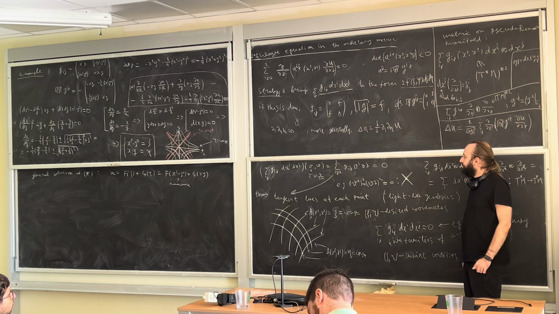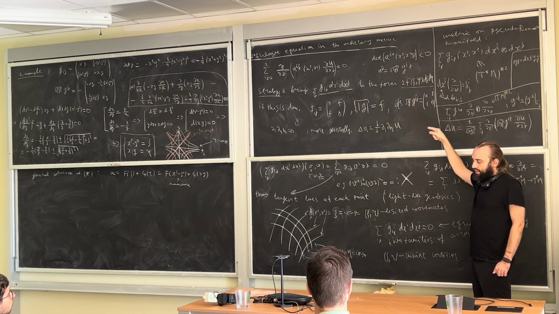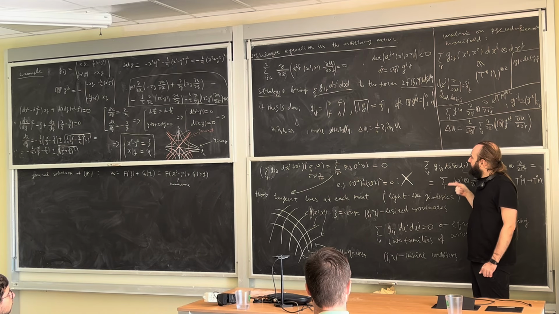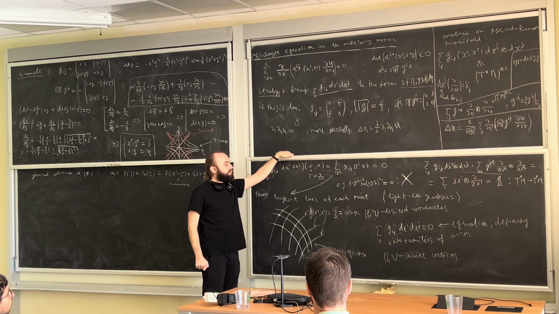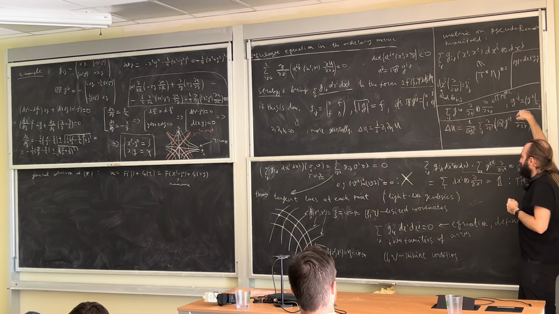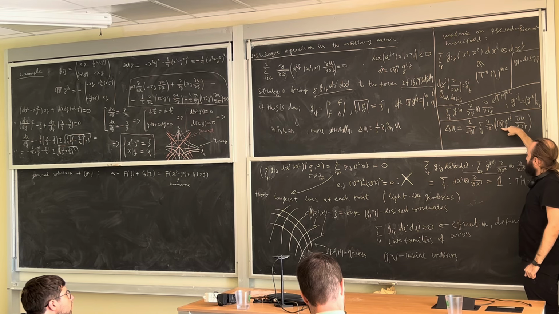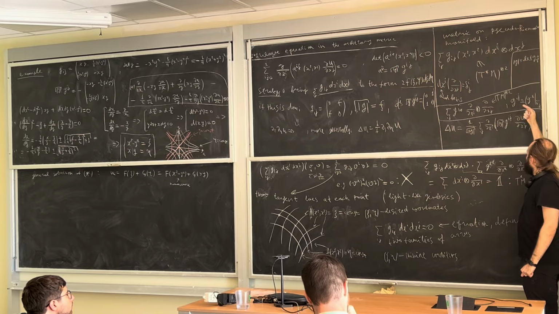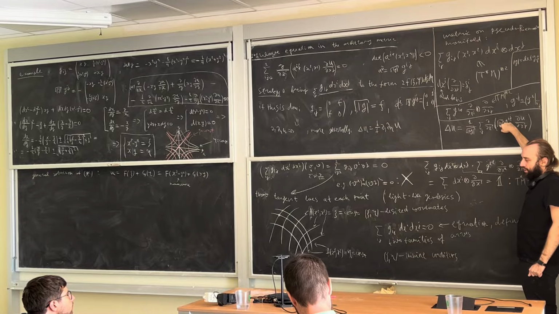By the way, this metric is called conformally flat. In a sense, it is a kind of a constant metric, but with an overall factor. And the main property of this Laplace operator in 1 plus 1 or 2 dimensions is that when we take our metric and multiply it by an arbitrary scalar factor, then the inverse metric is divided by that factor, and the square root of the determinant is multiplied by that factor.